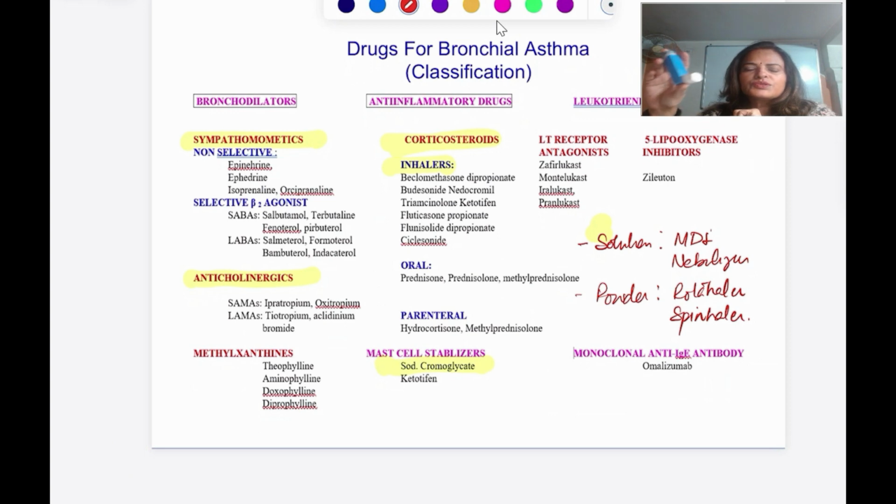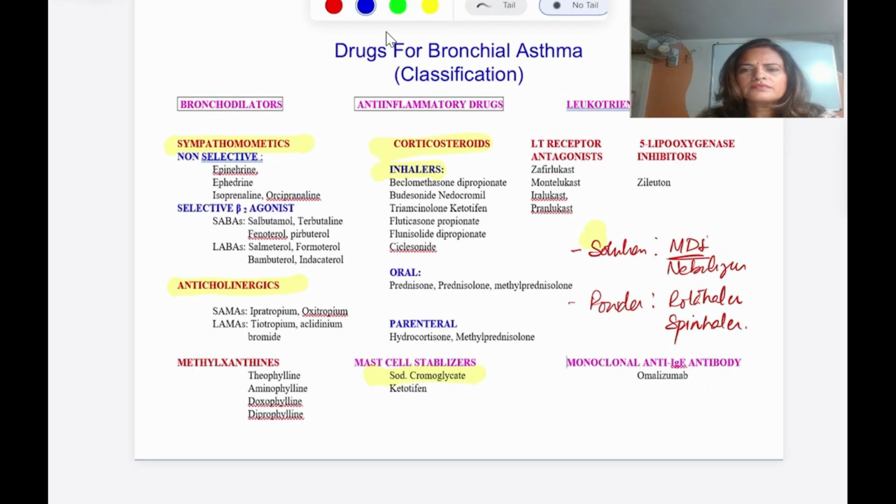Hydrofluoroalkane is used as a propellant. So once you press it, you have to put it in the mouth, and then you have to take a deep inspiration. So coordination is a must when you are using this inhaler.